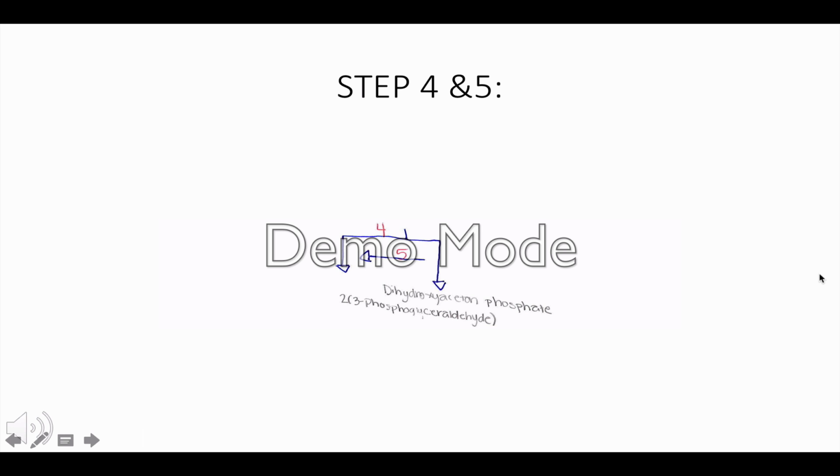Next, we will have step 5. In step 5, the two main events that take place are that glyceraldehyde 3-phosphate is oxidized by the coenzyme nicotinamide adenine dinucleotide, and the molecule is phosphorylated by the addition of a free phosphate group. The enzyme that catalyzes this reaction is GAPDH. The chemistry that takes place in this reaction is more complex than that of the previous reactions we've discussed. Knowledge of organic chemistry is needed to understand the specific mechanisms of the conversion.